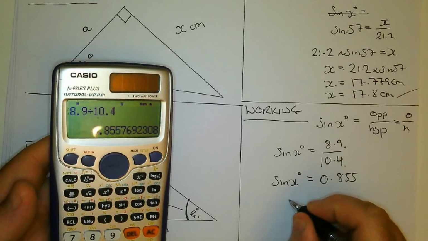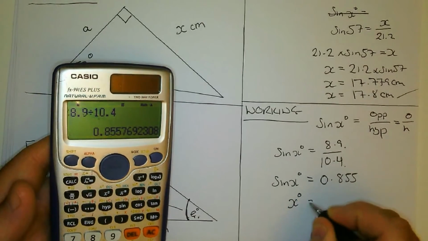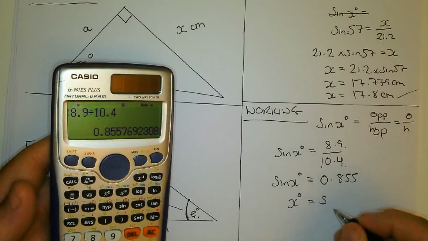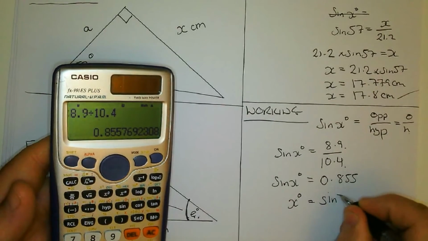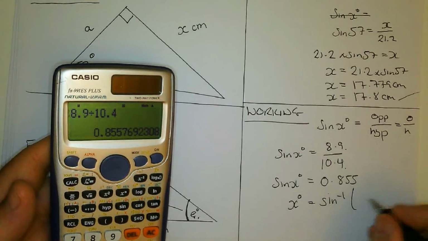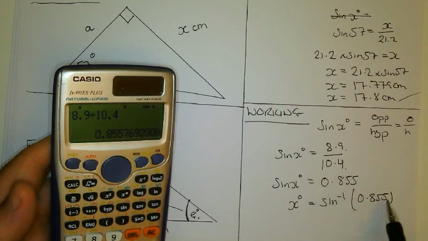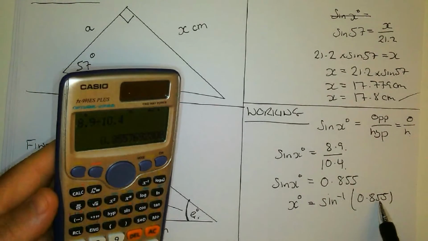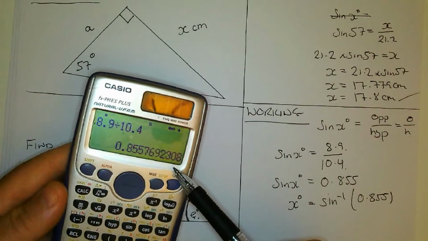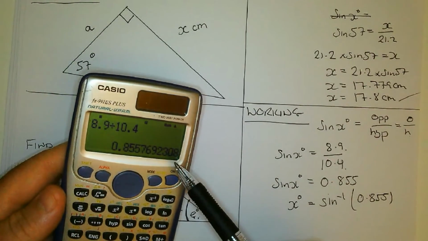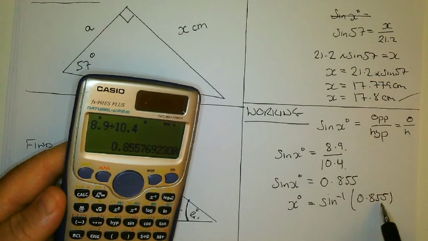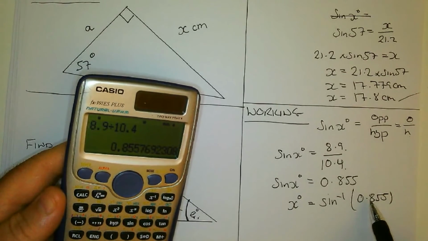Okay, so look, what you need to do is this. This is a key mark here. You're moving the sine across, and it becomes the inverse sine of 0.8576. Now I'm writing that, but I'm not using that rounded value, I'm using the value in the calculator because that will give me an exact answer. If you round it and use that, you aren't going to get the right answer.